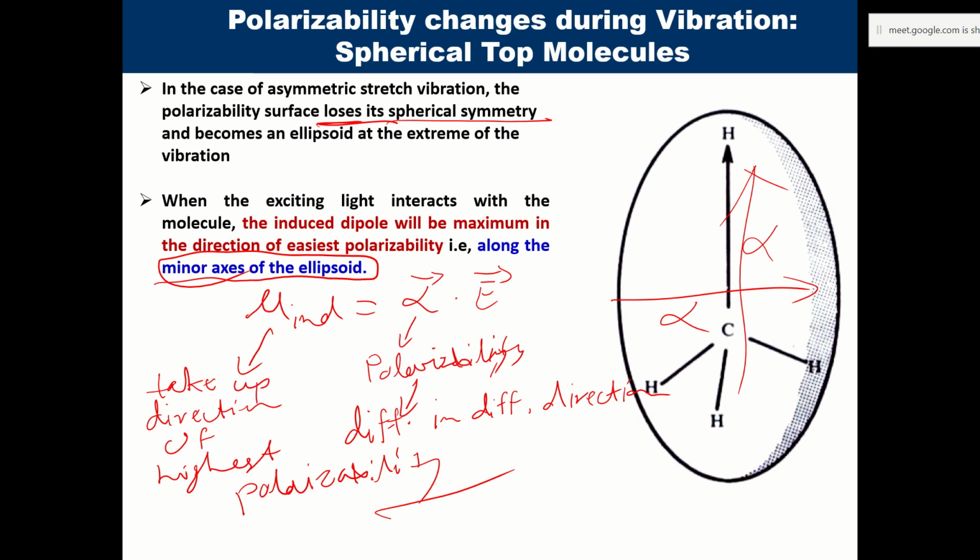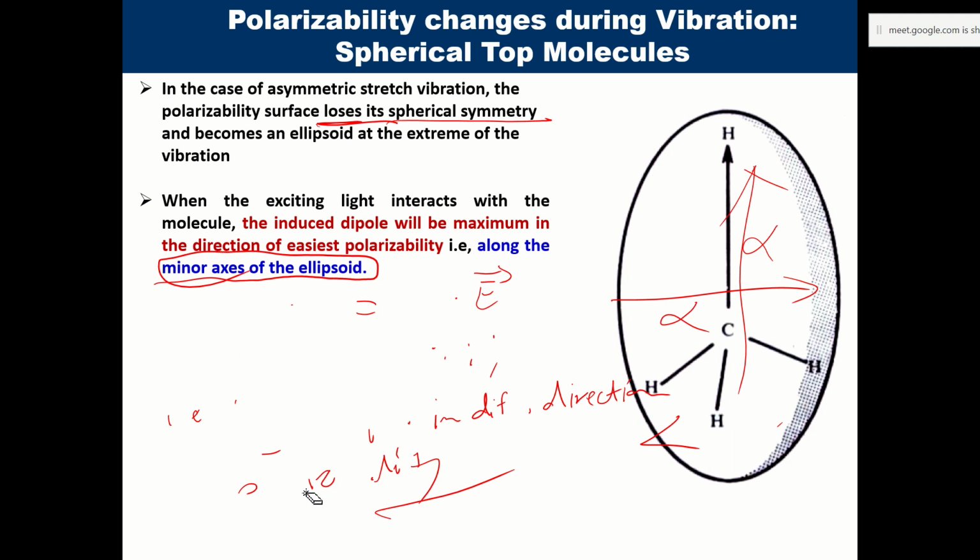Overall there will be many different directions of alpha, with no net direction. Visualizing one, the oscillation is in the direction of highest polarizability, but another molecule will have its major and minor axes in different directions.